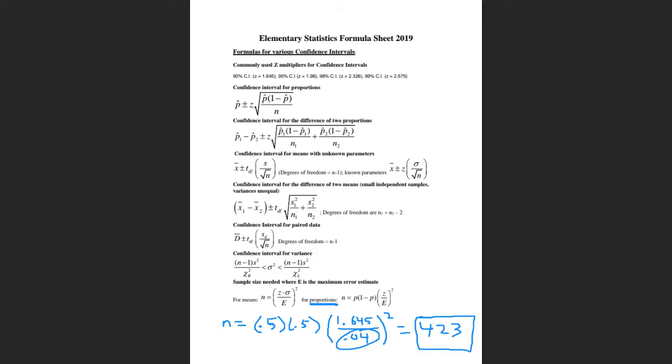They're squaring. I think they may have done it differently since it's a slightly different formula. So you put 423 in for each, is that correct? Yeah.